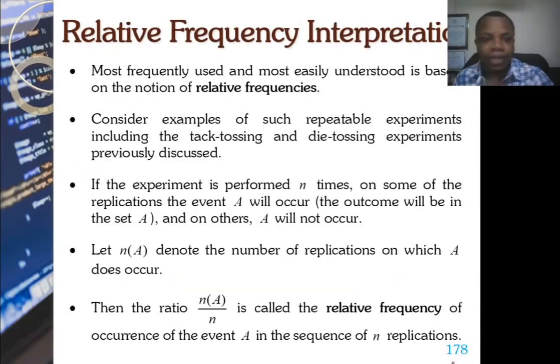So let's take a look at the first one, the relative frequency interpretation. This type of interpretation happens to be the most frequently used and most easily understood, and it is based on the notion of relative frequencies.